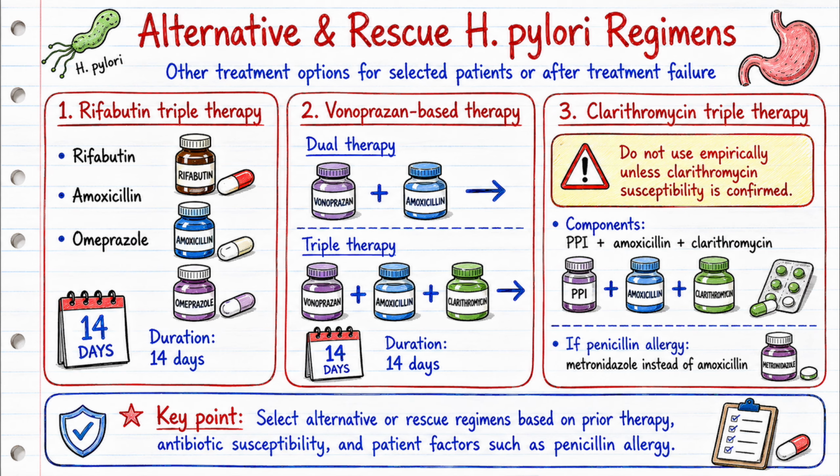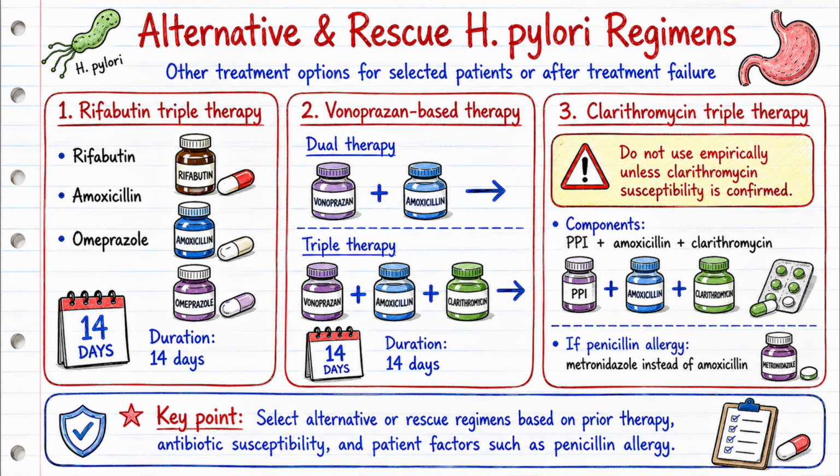Clarithromycin-containing triple therapy should generally not be selected empirically unless clarithromycin susceptibility is known or local resistance patterns support its use. Therefore, treatment should be individualized based on previous antibiotic exposure, local resistance patterns, susceptibility results when available, previous treatment history, drug availability, and allergies.